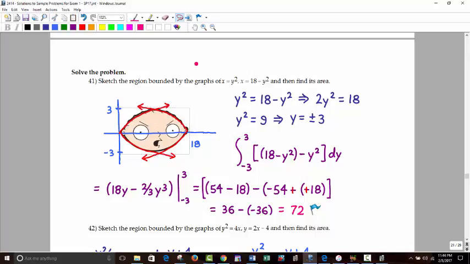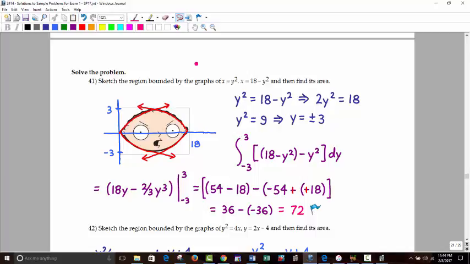So we're trying to find the area of his head. I don't necessarily make you have to graph these. It can be kind of tricky because the graphing calculator space is a function of x and y, but you can do it manually.